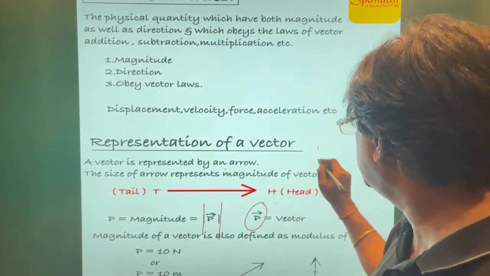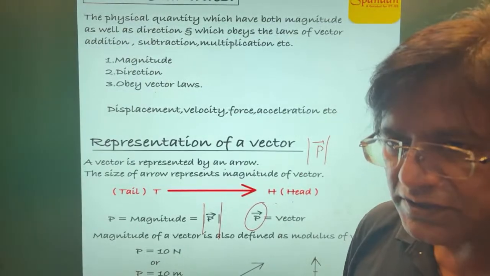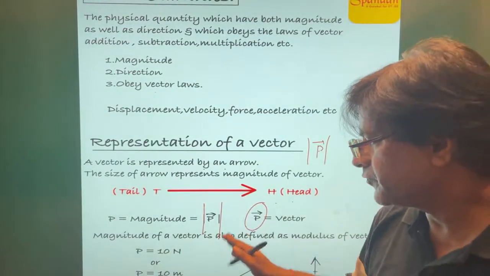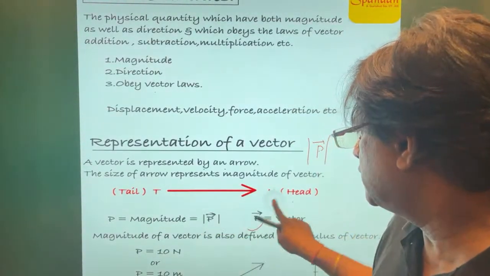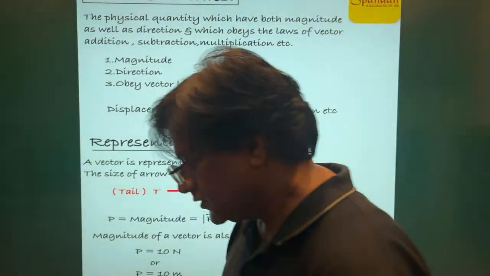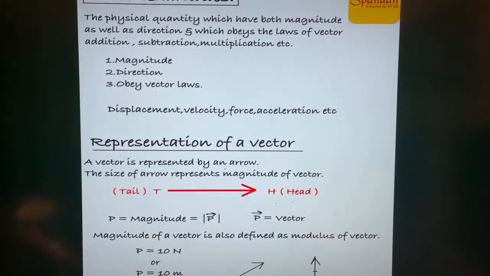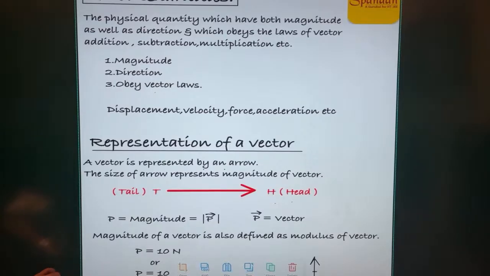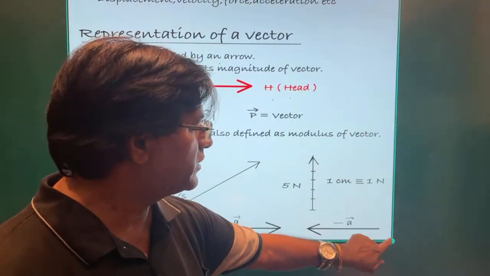So if there is a vector and we apply two modulus signs, that means it gives the magnitude. For this vector, the magnitude of the vector is also defined as the modulus of the vector. So we can say it is the modulus of the vector.